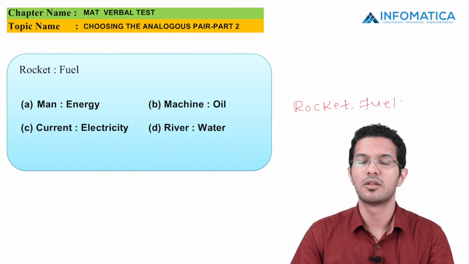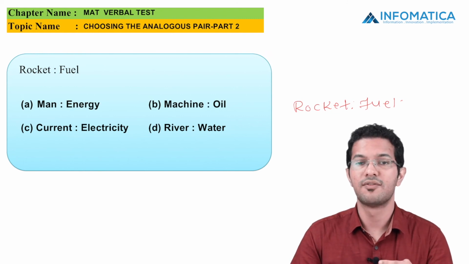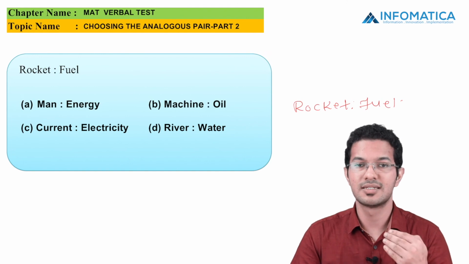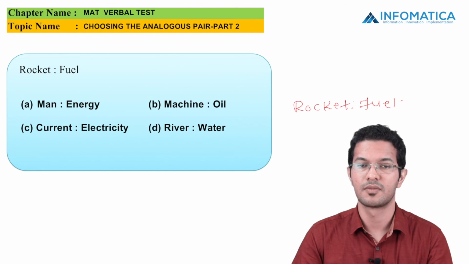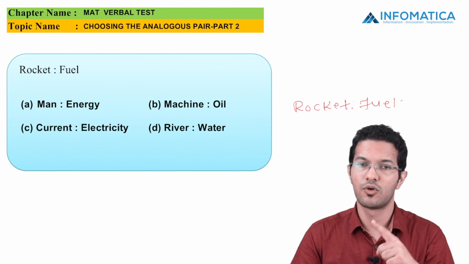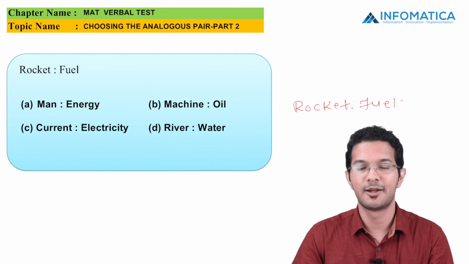If we compare all the four options, we can say that if a man has to walk or carry out his daily activities, he needs energy. So from all the four options, I can say that option A, which is man is related to energy, is the right answer.